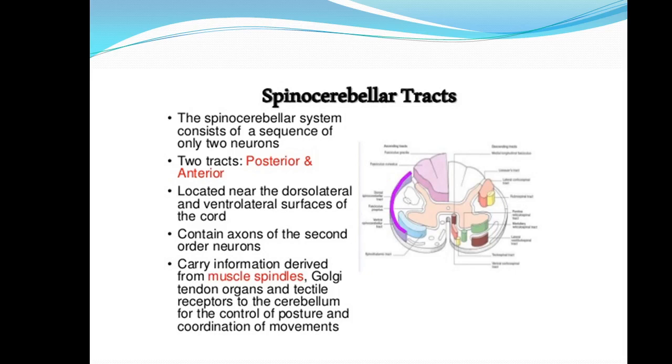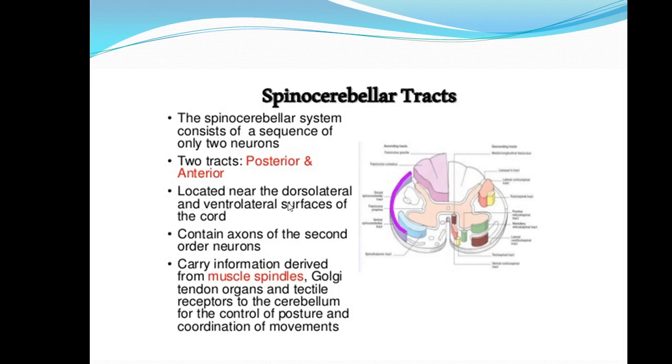Three neuronal tracts are concerned with the protopathic sensations, that is the proprioception and pain and temperature, while the spinocerebellar tracts are two neuronal. They consist of two tracts, the posterior and the anterior.